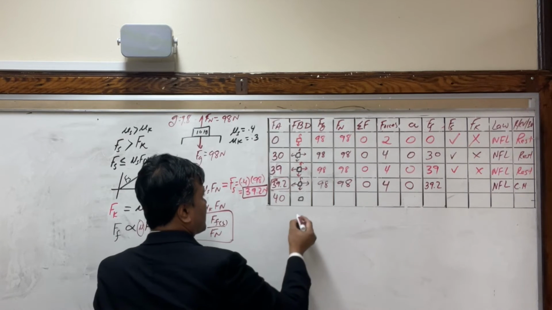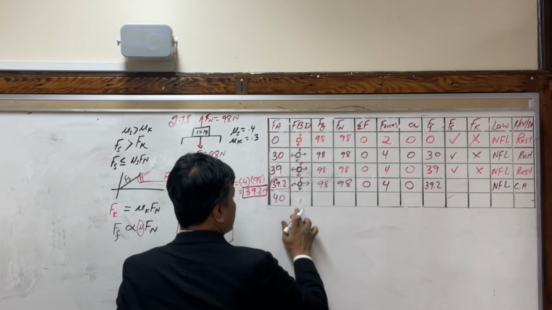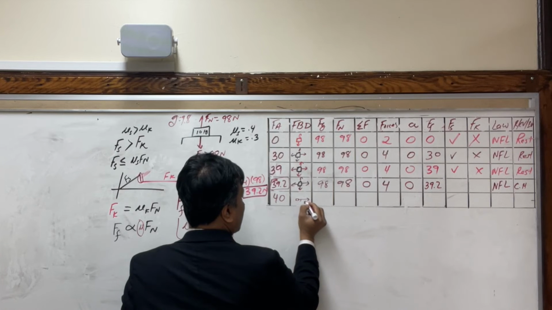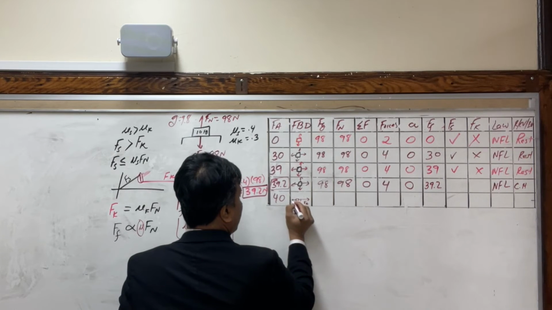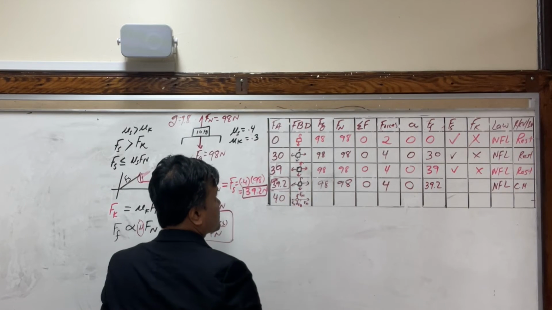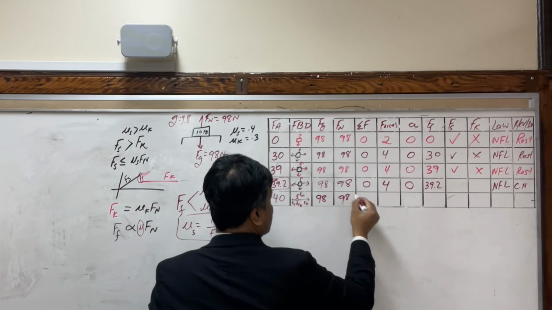Finally 40. So this time I'll do it over here. So I have this, it is longer than FF, and this is F normal, this is FG. So the weight is the same, the normal force is the same.